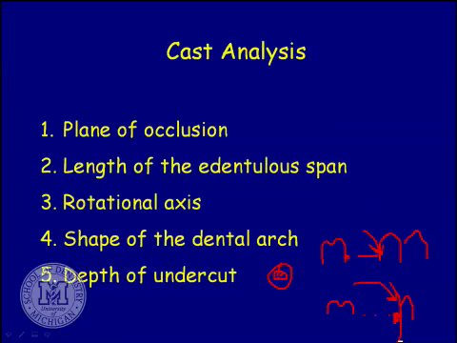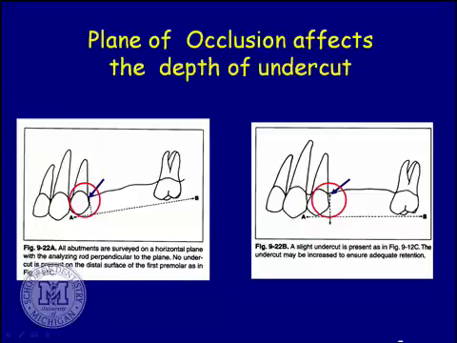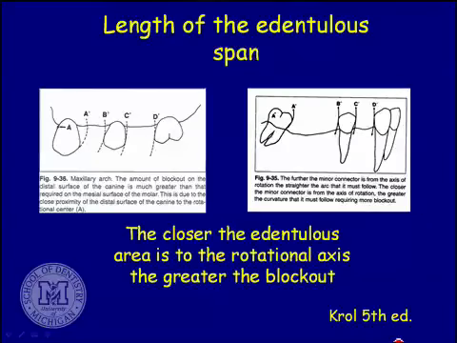And then the shape of the dental arch and how much undercut are we working with. So again, when we look at plane of occlusion, it affects the depth of the undercut. These are all in your book, so it's sort of like, where do we locate the undercut on these things for the plane of occlusion? Length of the span.